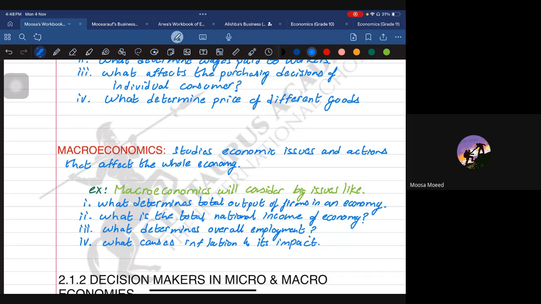So what causes inflation and what is the impact of the inflation, right? So once we are done with this, then we'll move forward to the next part.